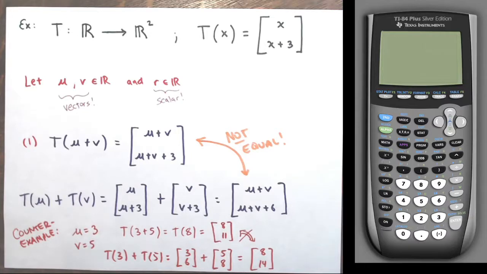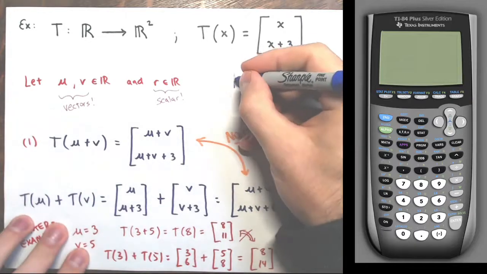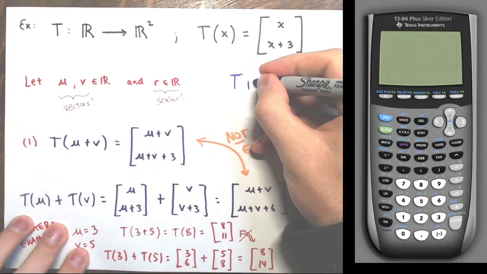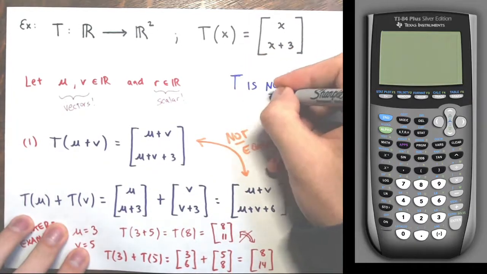The ones I've shown you so far, both properties actually wouldn't hold. But just know that there are some out there that have one property hold, both properties hold, or neither property hold. You're going to come across all sorts of things when you practice. But definitely here, this transformation T is not linear.